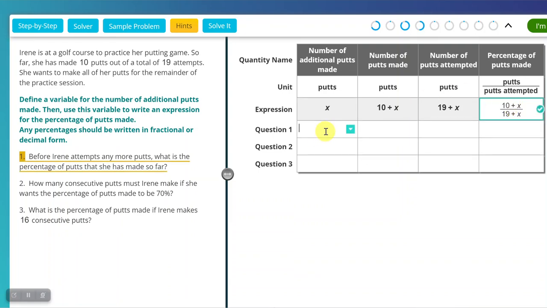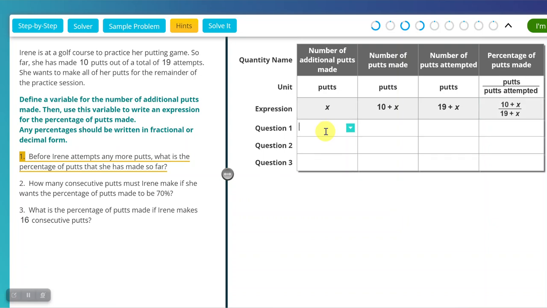Okay. Question 1, before Irene attempts any more putts, what is the percentage of putts she has made so far? So we're not going to attempt any more, so we're going to make that 0. So that's 10 and 19 because we're just adding 0. And this will be 10 divided by 19. So she's made 53%.